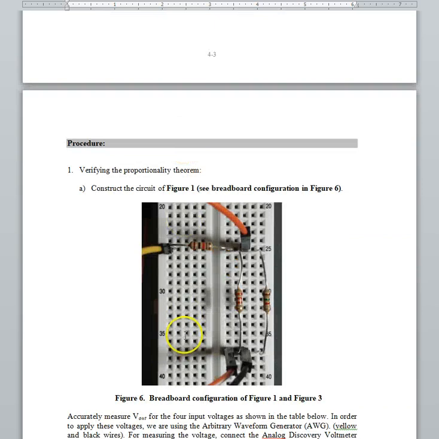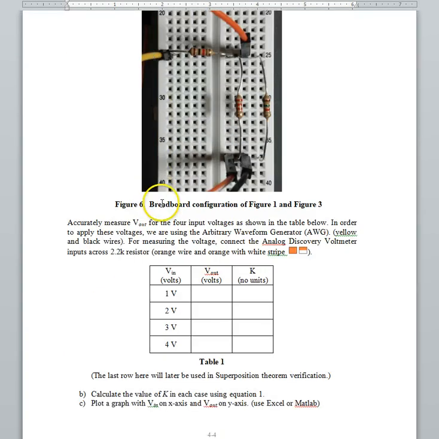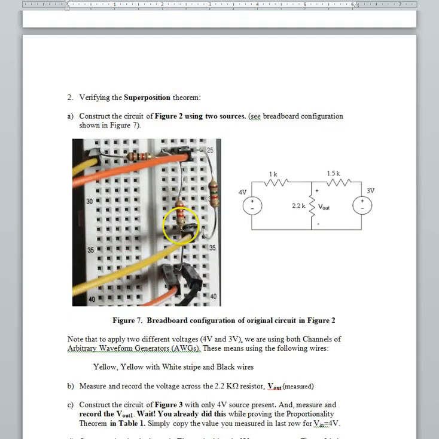And when it comes to the Analog Discovery, we are now showing in this figure that only one source is being applied, which is this yellow wire, AWG1, and then this one showing two sources. So the yellow wire is 4 volts, yellow with the white stripe is the 3 volt source.